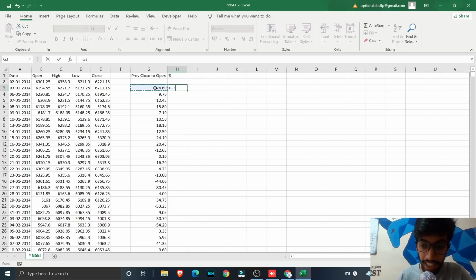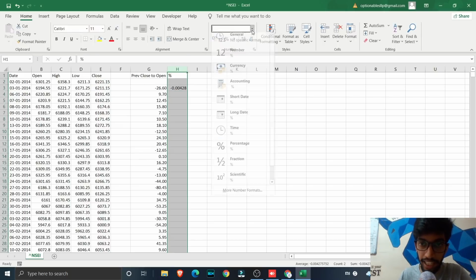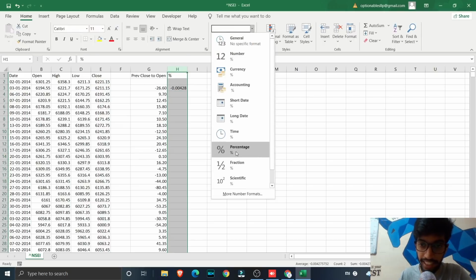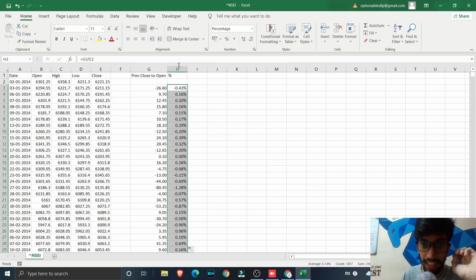So we are just going to convert this into percentage by dividing this number by previous close, right? So now you have a percentage, and we are going to select this entire column and make this into percentage. And once you drag this down, and since you have changed this to percentage, it will automatically get formatted. So you can see that now we have a 2 decimal format, right?